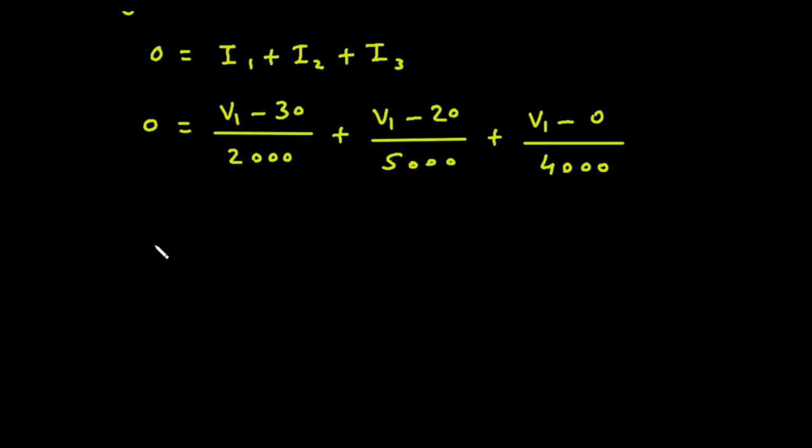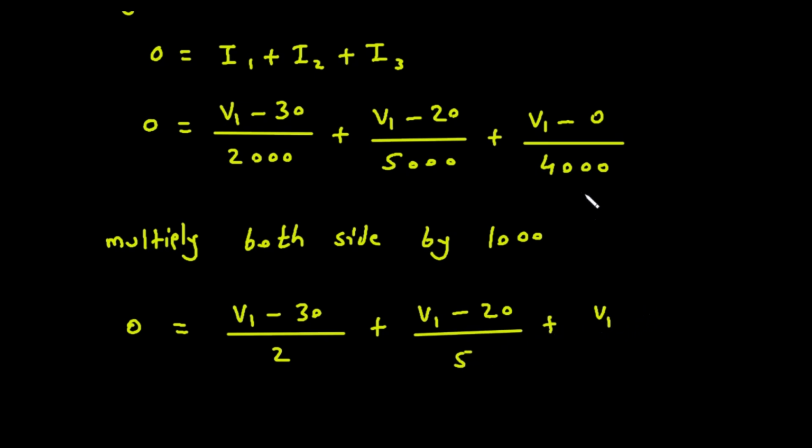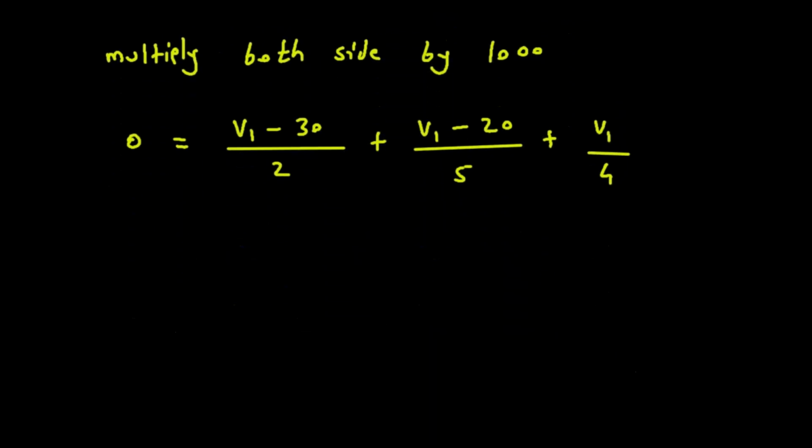Here 1000 into 0 will be 0, and this 30 will get cancelled, so it will be simply V1 minus 30 divided by 2 plus V1 minus 20 divided by 5, then plus V1 divided by 4. So now it looks simple.